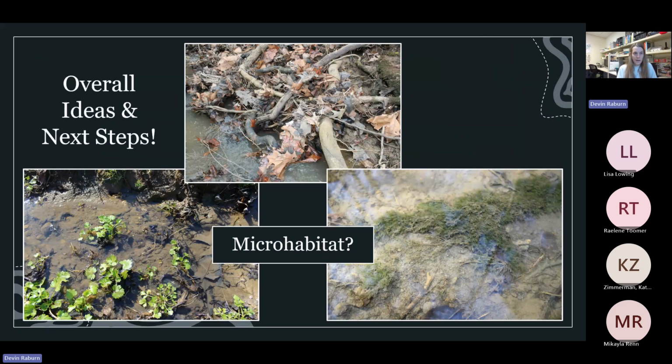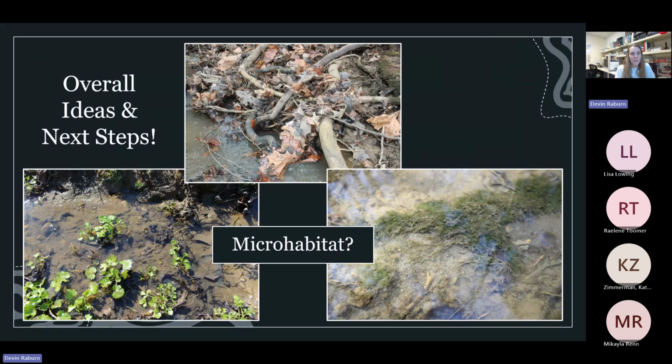And one thing I think that might influence occupancy is microhabitat in these systems. As we saw in our picture of our unmapped streams, there was a lot of riparian area, a lot of canopy cover, and so a lot of ways that cover and food can come into the system as well. We can see in these pictures a close-up of sites where we caught rivulet crayfishes.